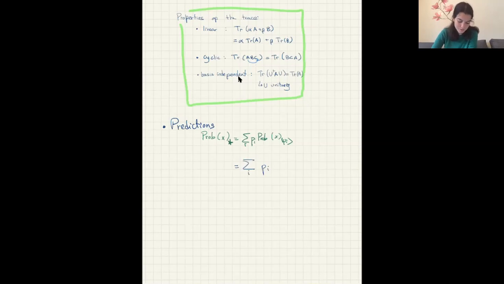So now we just replace it with the probability of getting x. So this is a trace of pi x, psi I, psi I.